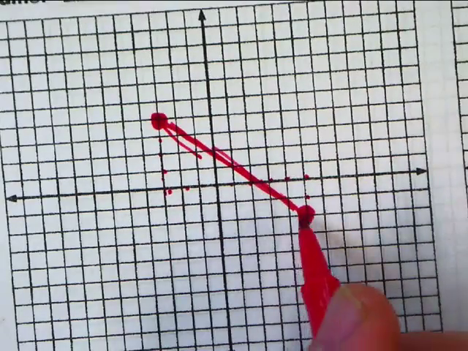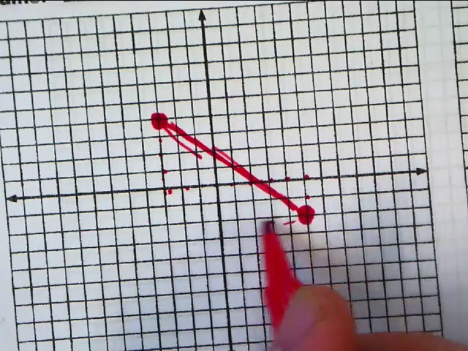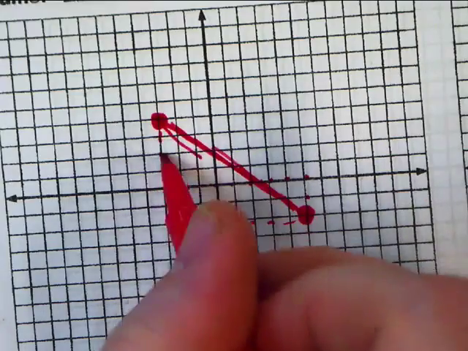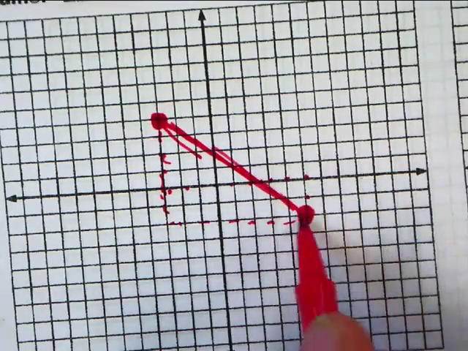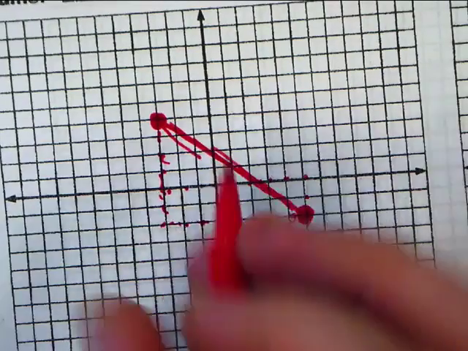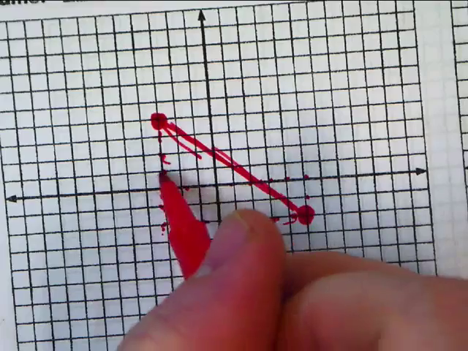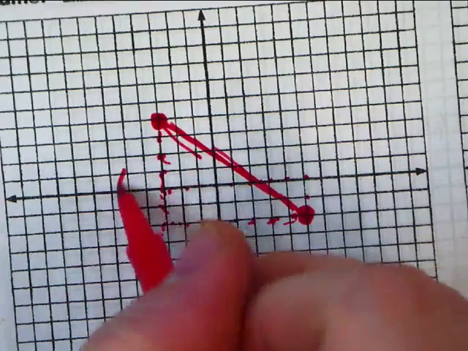If the diameter is this long, just like before, we have a right triangle. So we can say 1, 2, 3, 4, 5, 6, 7, 8. And 1, 2, 3, 4, 5, 6.